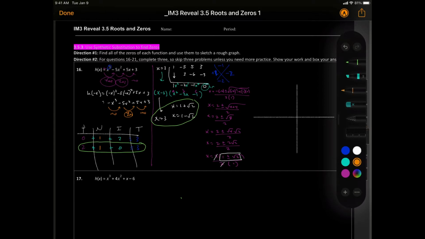Okay, so y-intercept is 3. Let's color code this. Our negative zero here on the left side, 1 minus radical 2, and then the two positives, this would be 3, and I think radical 2 is equal to 1.44, so it's 1 plus, so it's like 2.44.